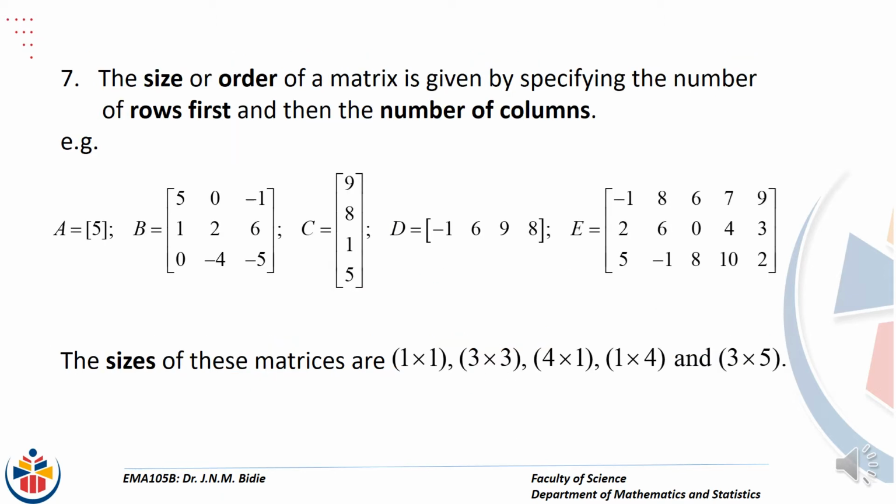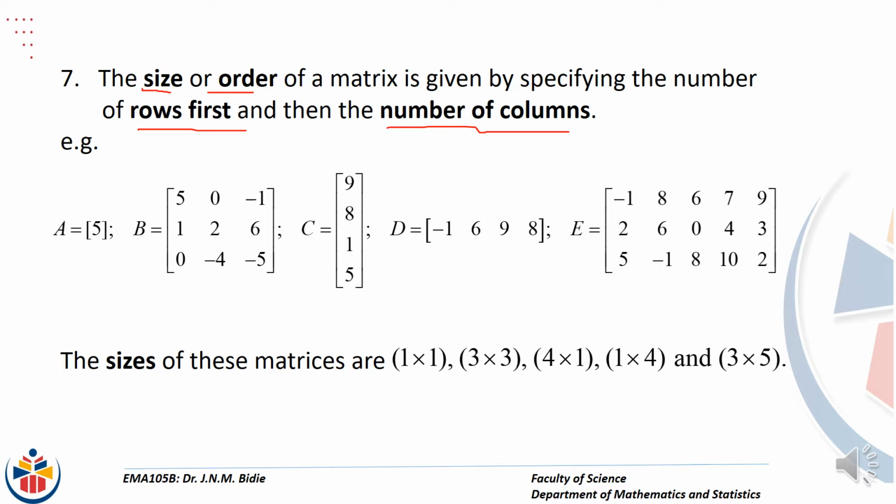And then we come to the sizes or the order of given matrices. The first thing that we do is to specify the number of rows, and then thereafter the number of columns.